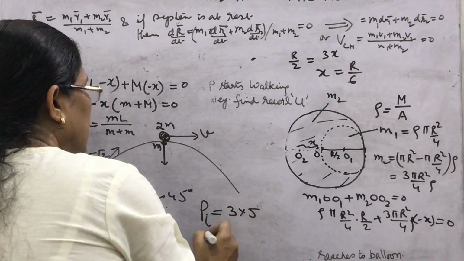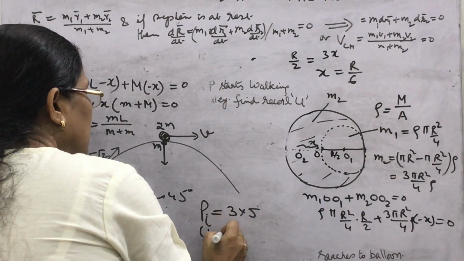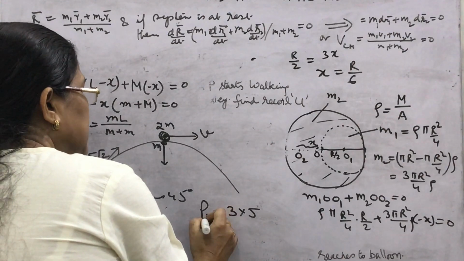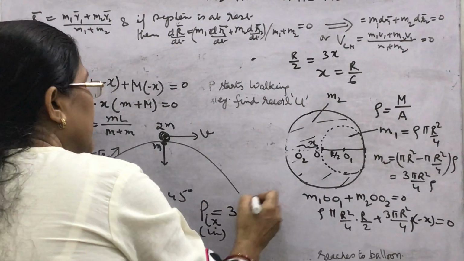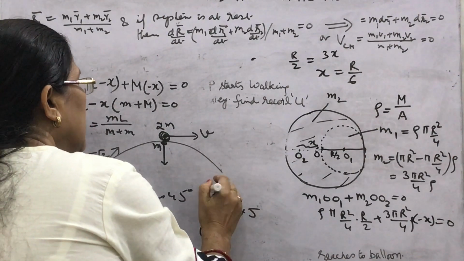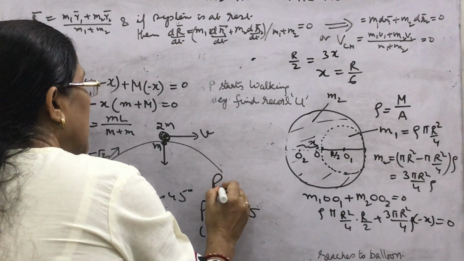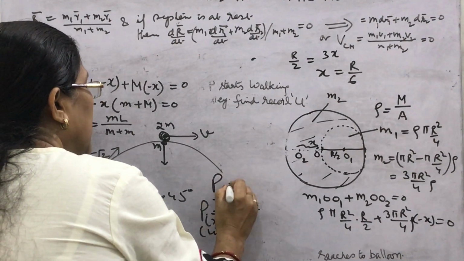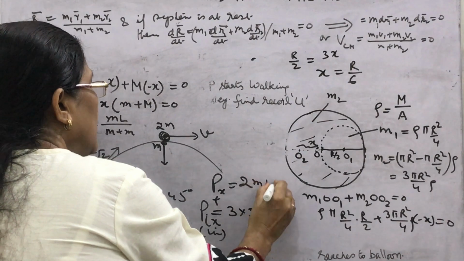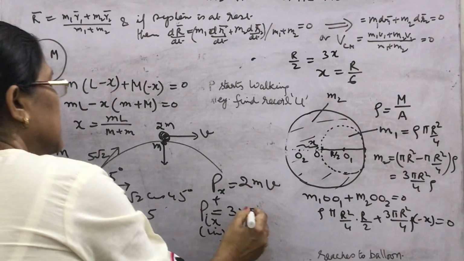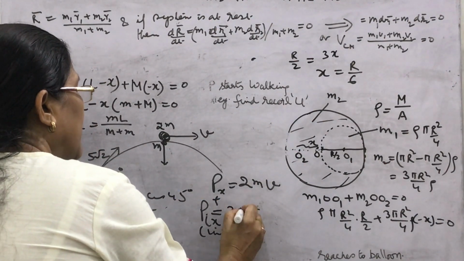You write the initial momentum in the x direction, and finally the final momentum in the x direction will be 2m into v, and the initial is 3m into 5.